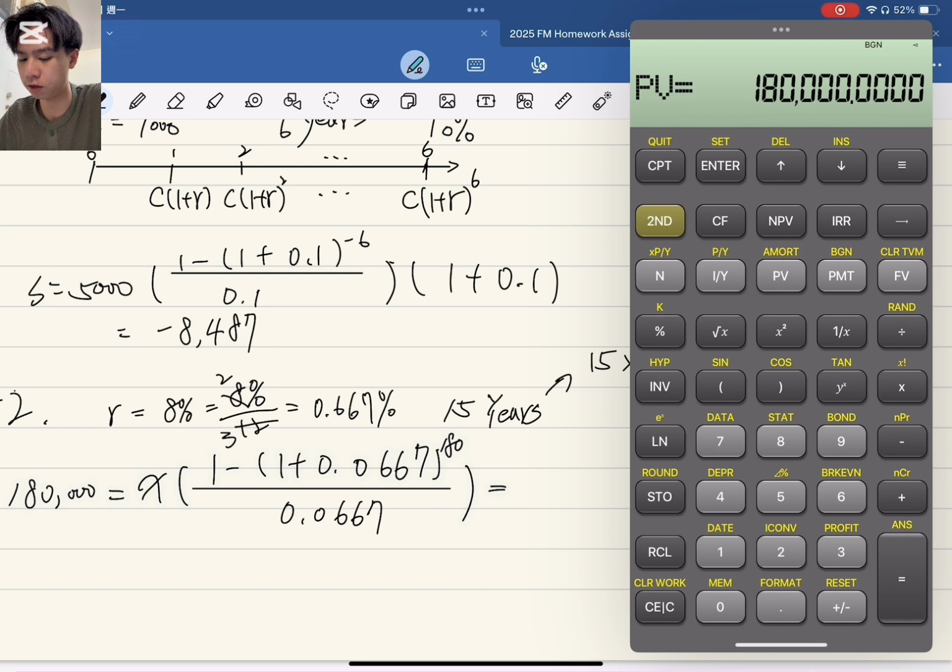The future value I will set to 0 because we didn't pay the money yet.